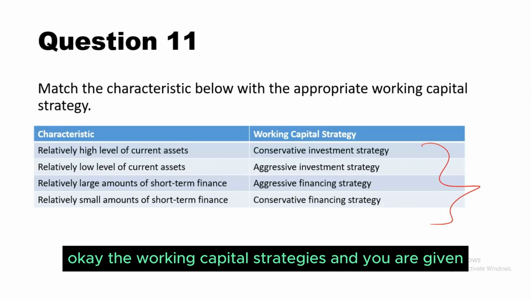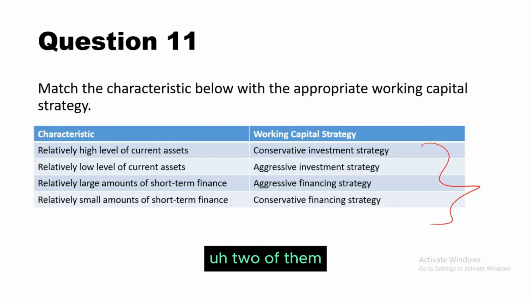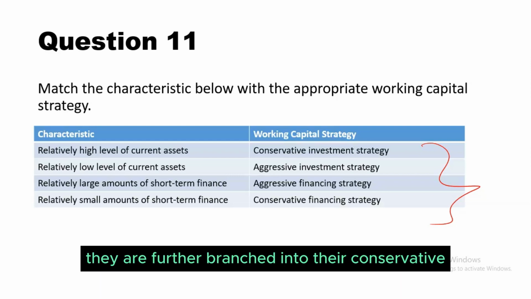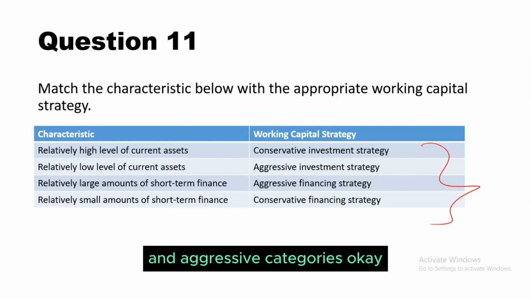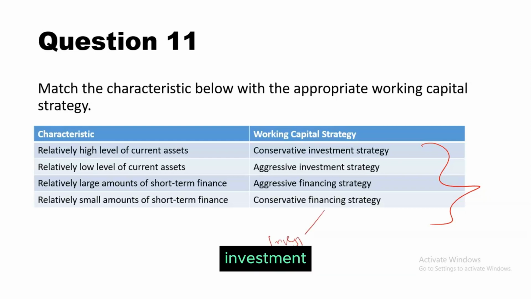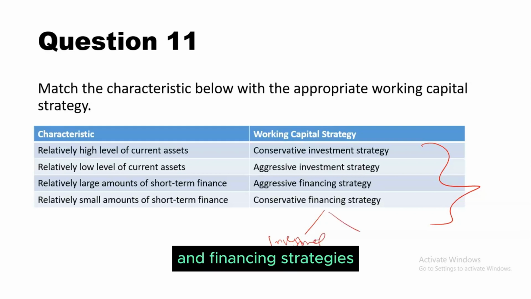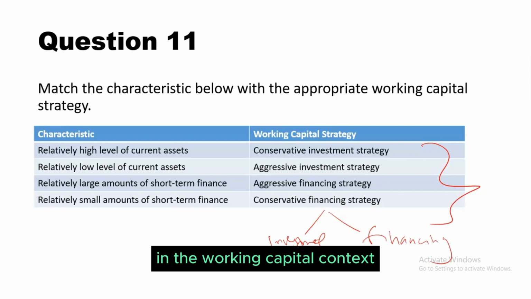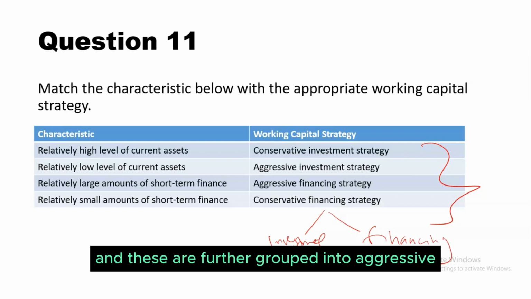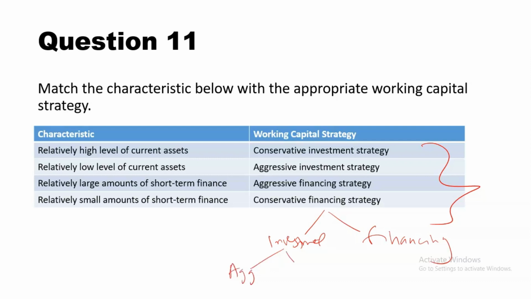You are given two of them, and they are further branched into their conservative and aggressive categories. We have got the investment and financing strategies in the working capital context, and these are further grouped into aggressive and conservative.